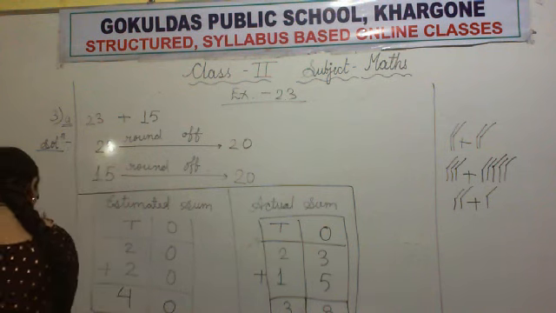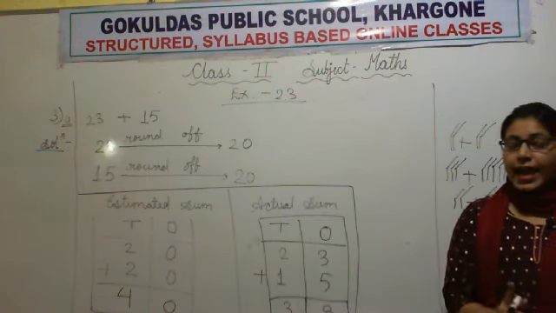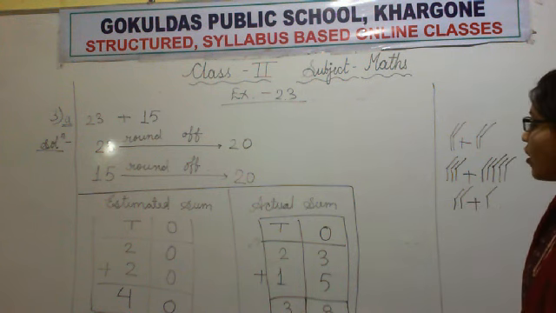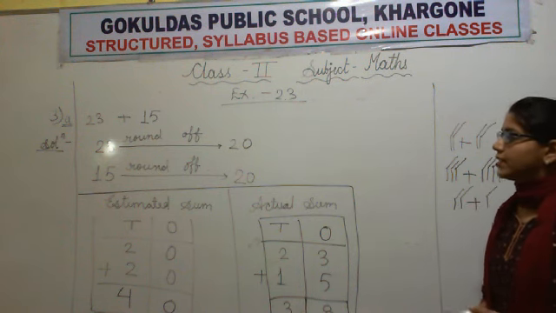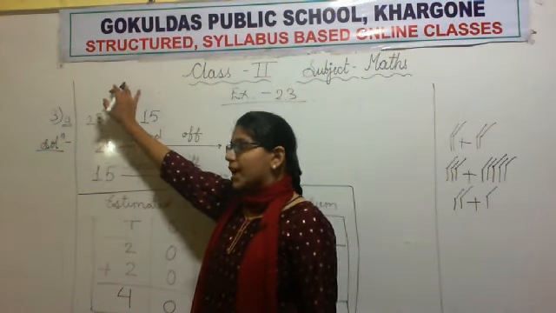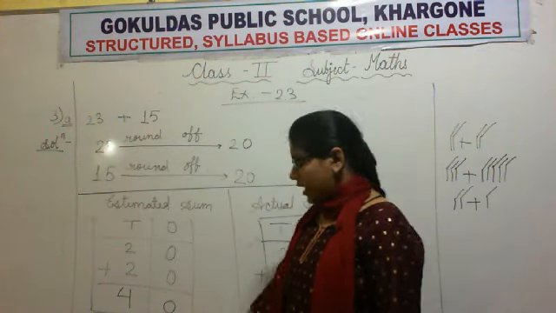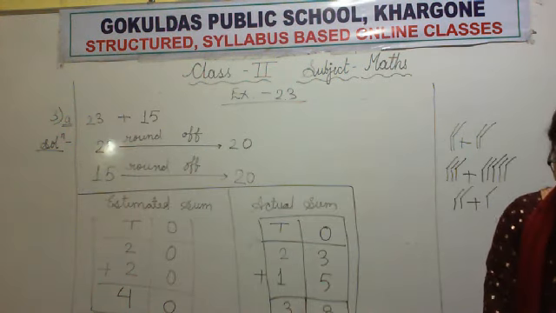And at last we'll put a line, using a scale or ruler. Okay. So this is how we will do. First of all we will round off both the numbers, then we will add the rounded off values and the actual values, and we will write the answer.